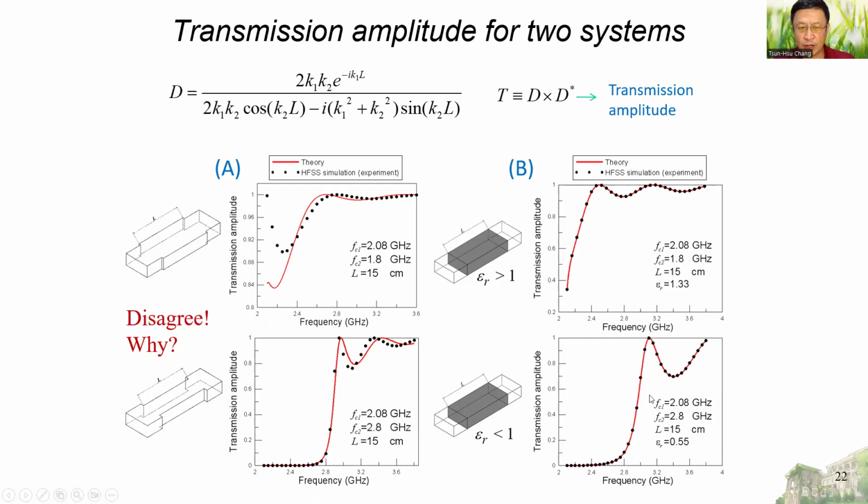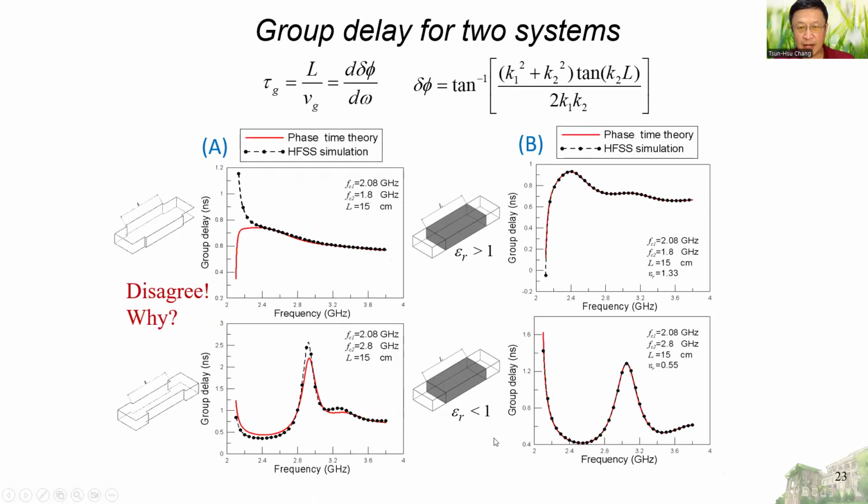So what's going on? It disagrees here. Why? For geometry change it disagrees, but change the material, it agrees well. What happened here? Okay, let's look at this case one more time with the group velocity and group delay.